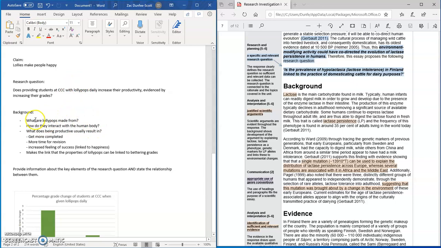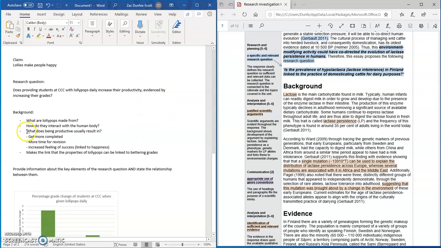Because if we work out how lollies are made and how they impact the human body, that's going to give us more information to understand why they're actually increasing productivity and evidencing in better grades.